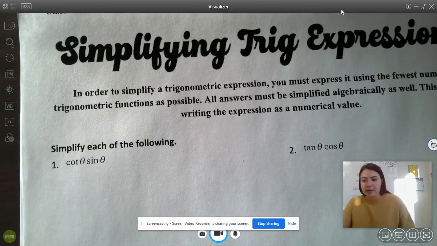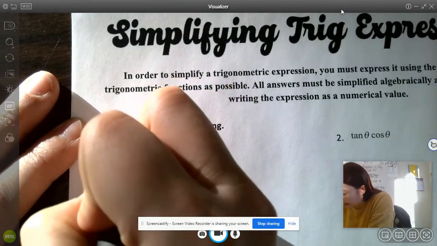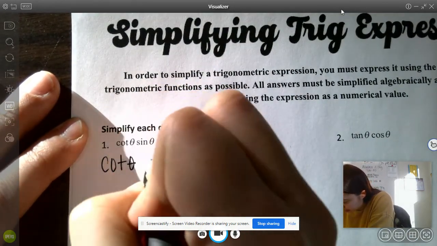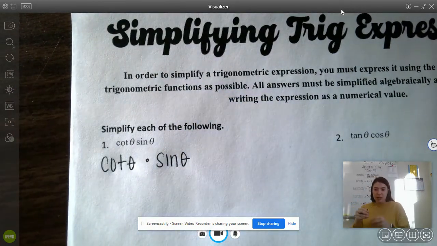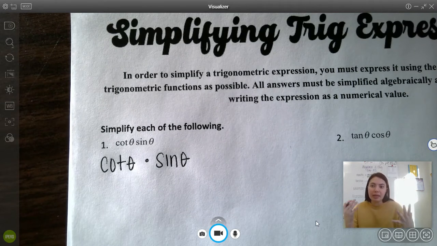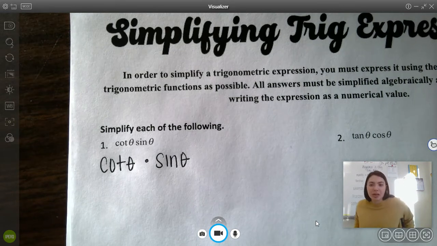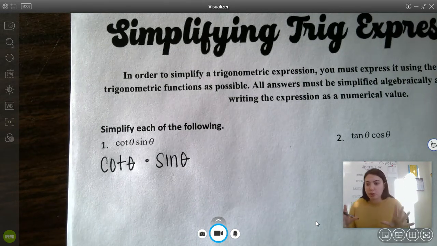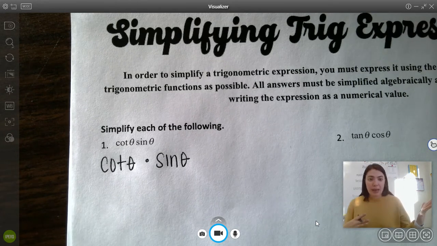So let's get started. First off with number 1, we have cotangent of theta times the sine of theta. Sometimes when you physically put that multiplication piece in the middle, it makes it a little easier to see and deal with. First off, sine is sine. It's one of the original 3 that we learned right off the bat, even from geometry.